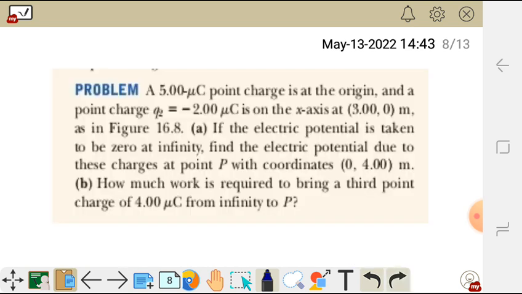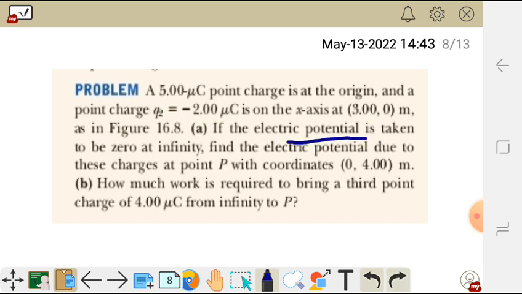Let's have a problem, to see how we can utilize what we have learned. The problem says a 5 microcoulomb point charge is at the origin, and a point charge Q2, equal to negative 2.00 microcoulomb, is on the x-axis at (3, 0) meters.